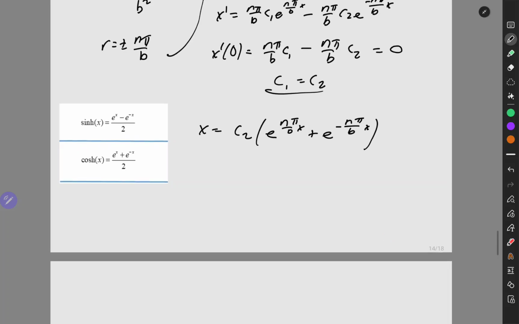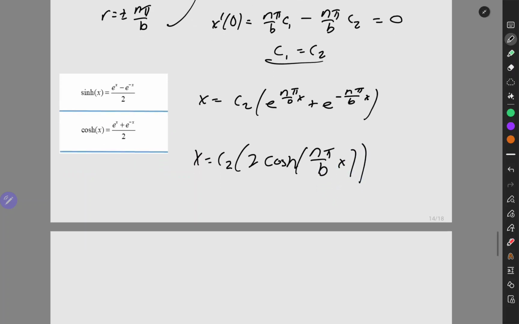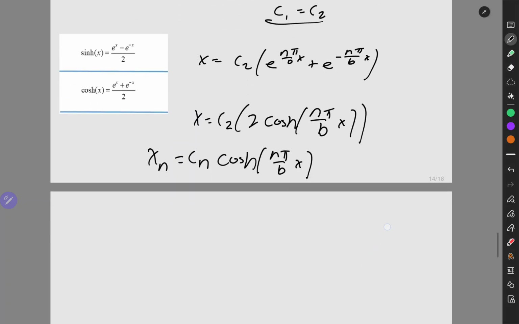So we see we have the two cosh, right, hyperbolic cosine. So we can plug in for that. So that's x equals C2 times 2 cosh of n pi over b times x. Remember, the 2 combines with the constant. So I'm going to write this in terms of n now. Cosh of n pi over b times x. So that 2 combines with the constant.